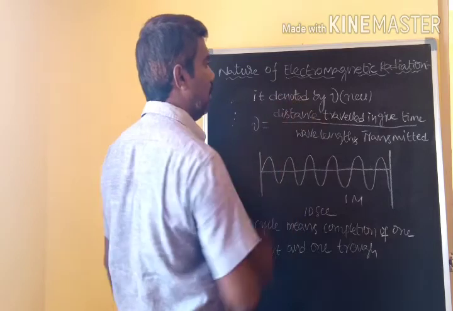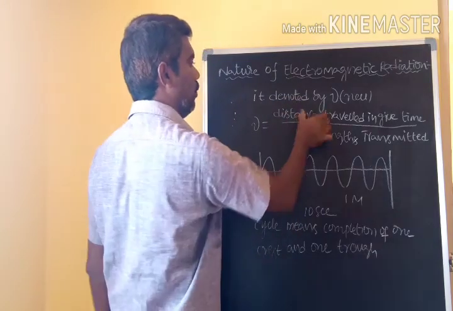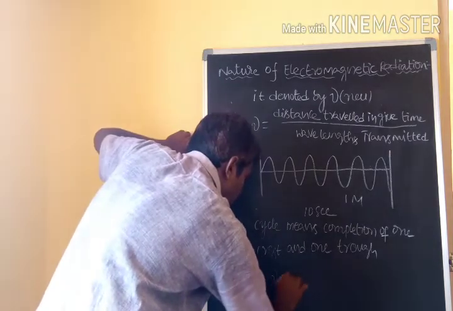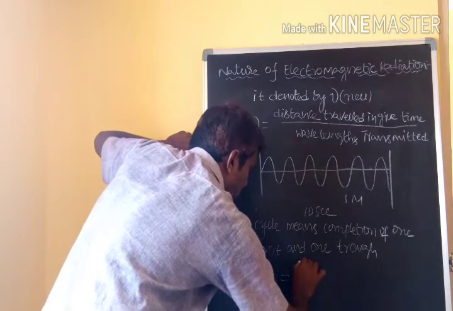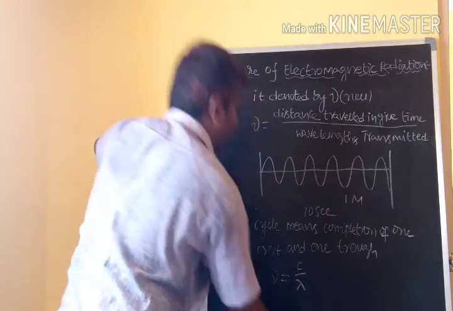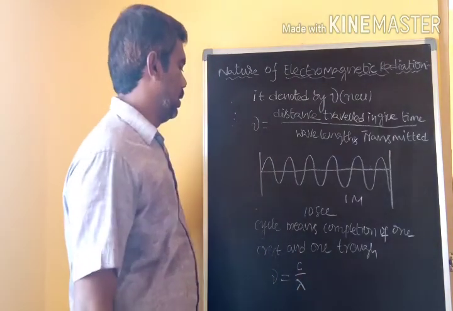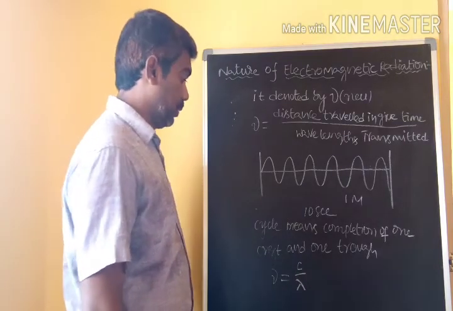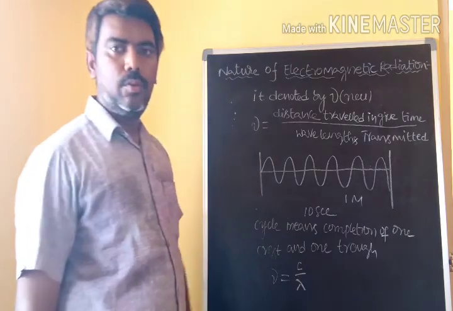The distance traveled in the given time is called velocity. Nu is equal to c by lambda, where velocity is denoted by c and wavelength by lambda. Then what are the units of frequency?